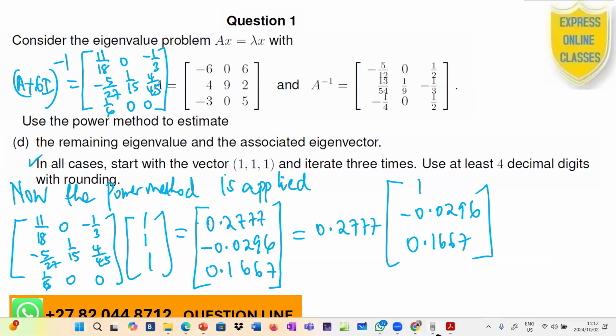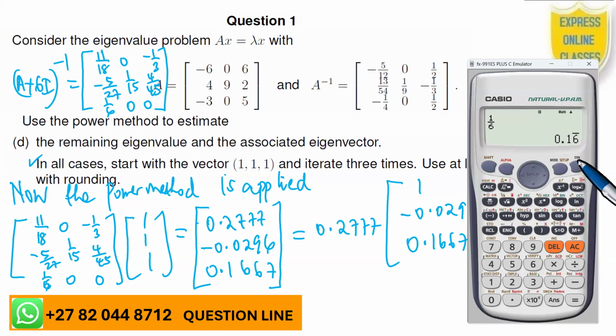So 0.1667, we divide by the dominant one, 0.2777.